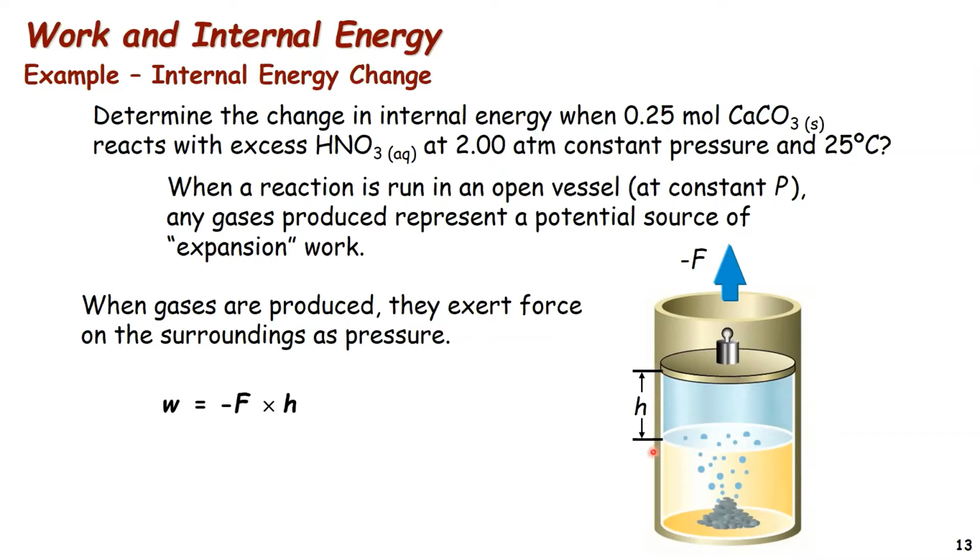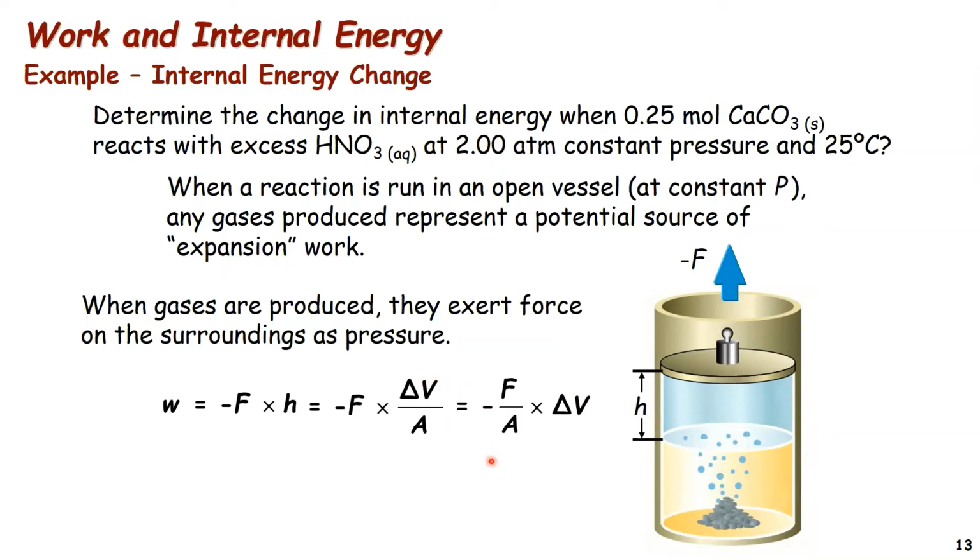Now there's our height. Of course, we could rewrite this. The height is just going to be the change in volume divided by the area, because the change in volume is just going to be the area times the height. I just rearranged that and replaced height with this, okay?